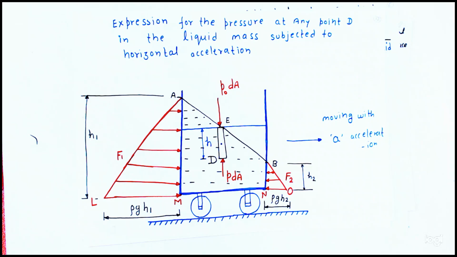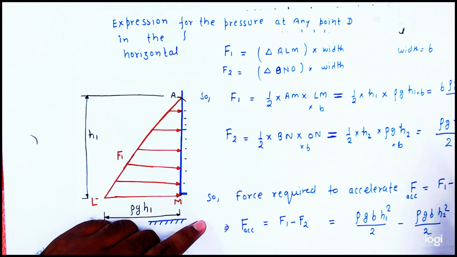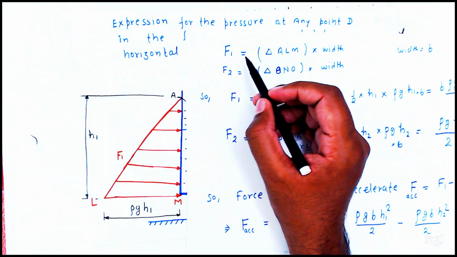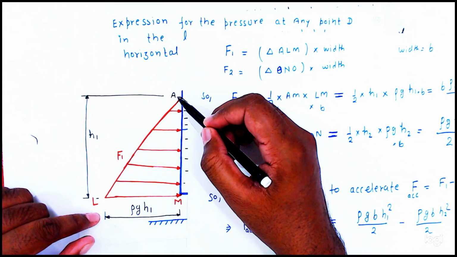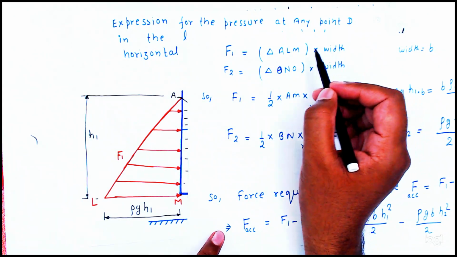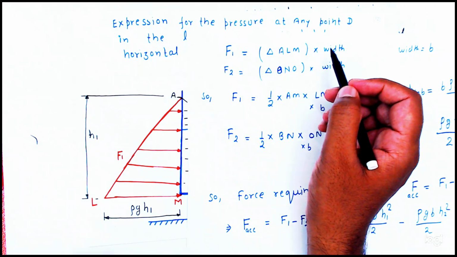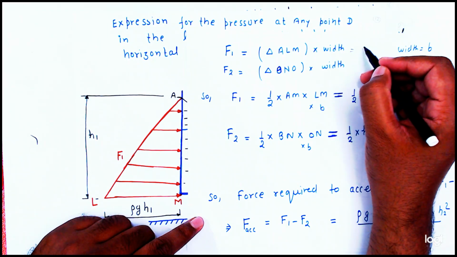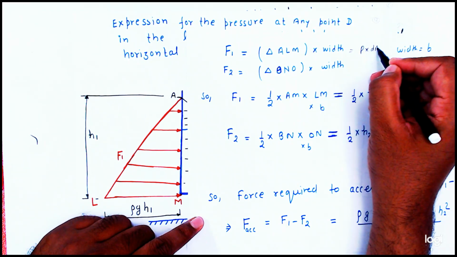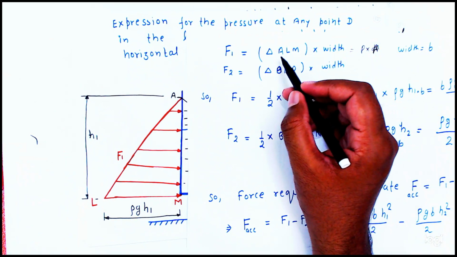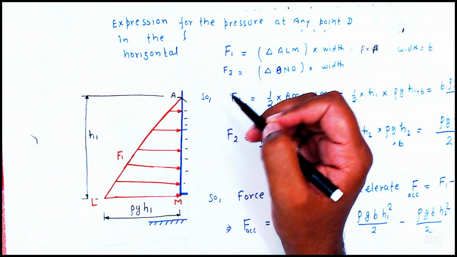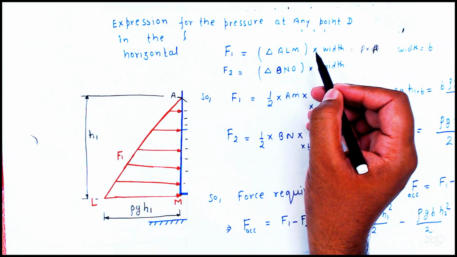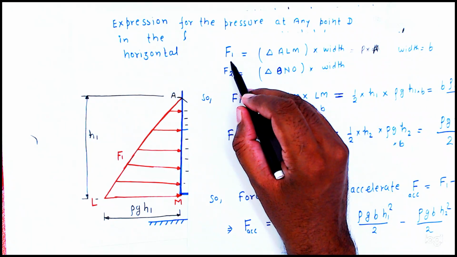It means, see here friends, F1 is equal to the area of the triangle into width, is the pressure force, or we can say it is equivalent to the pressure into area. Same thing will come like this: pressure diagram into width, the area of this triangle into width, will give the pressure force F1.